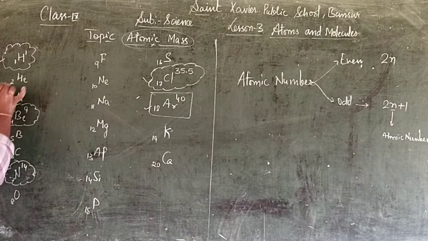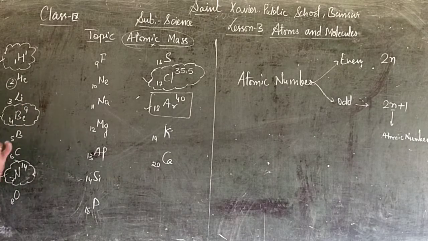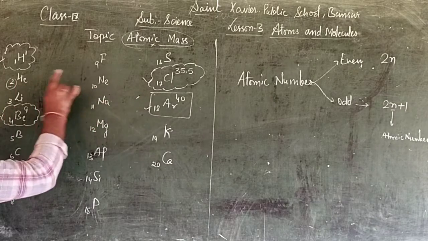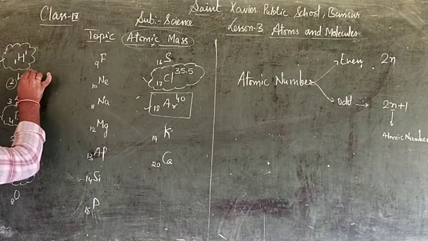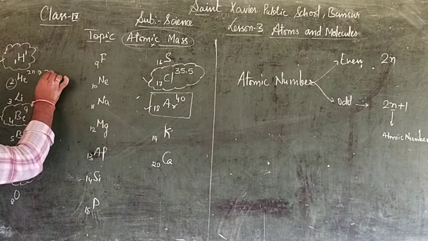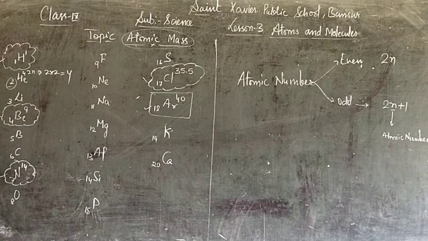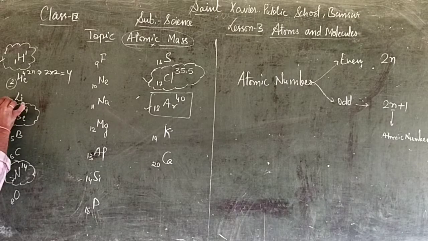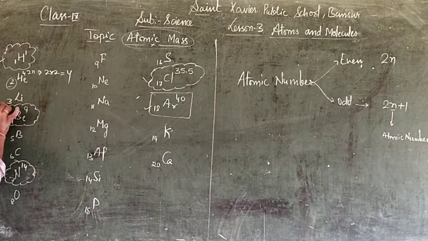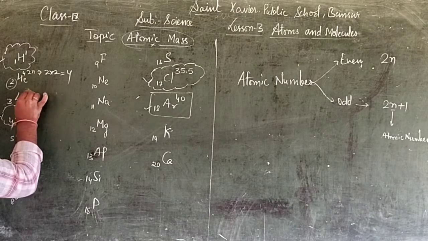The atomic number of this is 2, and 2 is an even number. So the formula for that is 2n, which means 2 multiplied by 2 is equal to 4. So its mass is 4. For this you can see it is 3, so this is an odd number, and for odd we will use the formula 2n plus 1.